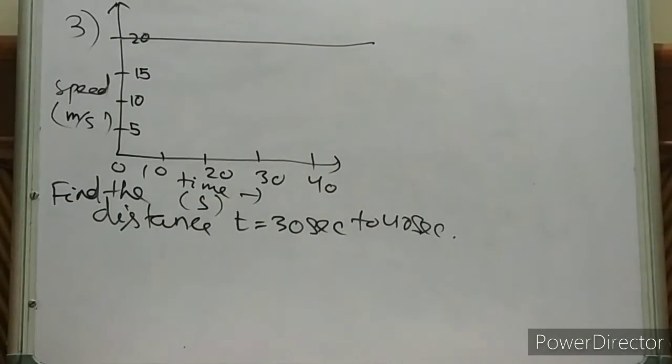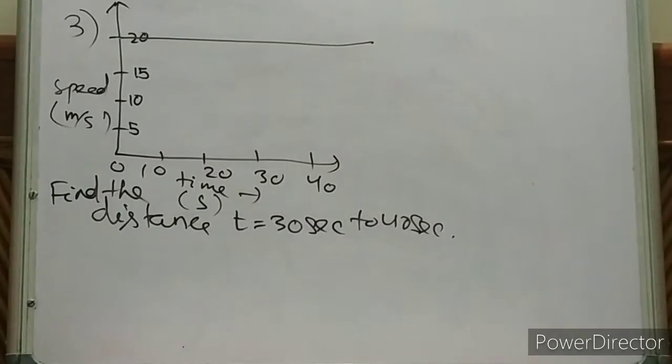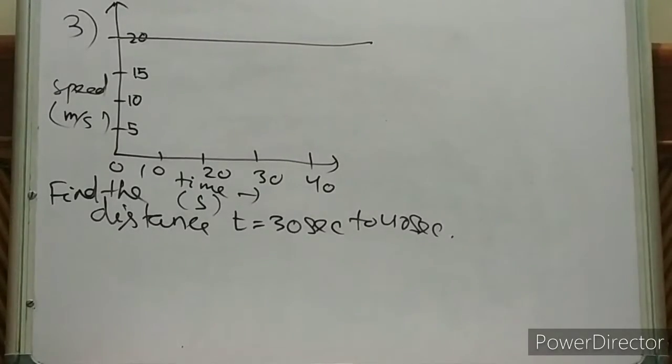How to calculate, children? Anybody? I think it is very easy. Just find out the distance. How to find the distance? That means area under the curve. This also I have discussed.